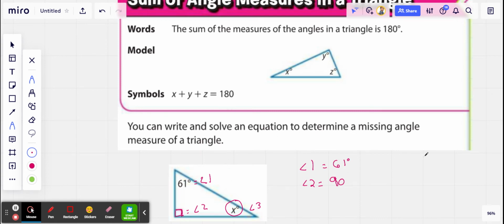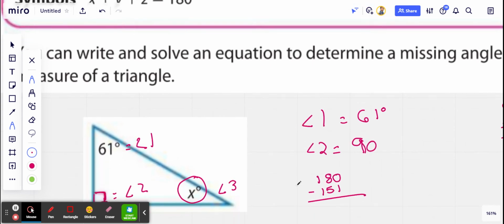So let's add 90 plus 61 and see what we get. 9 plus 6 is 15, so it's 151. All you do is take this sum from the angles that were given and subtract it from 180. 180 minus 151 equals, let's zoom in here so we can see it.